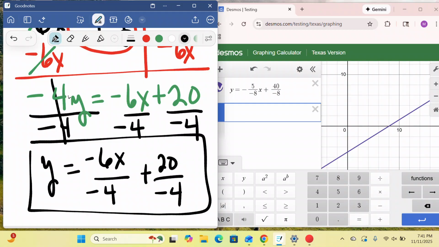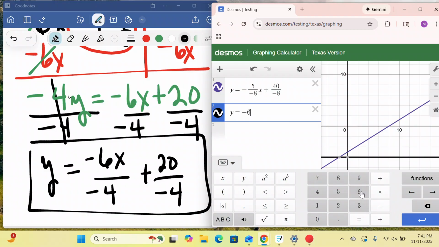So once again, I can input this in Desmos and let Desmos do the work. I don't even have to simplify my rate of change. If I want to simplify it, I can, but I don't have to. So I'm going to put this into y equals mx plus b. I'm going to put negative 6, and this time I'm just going to write it as negative 6 like that.